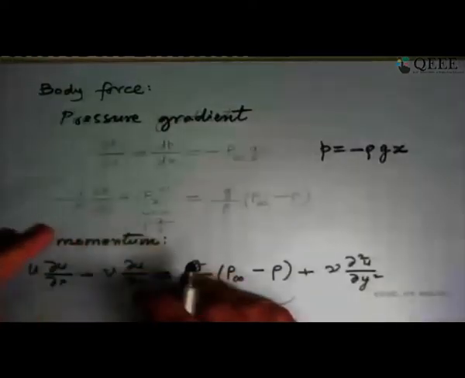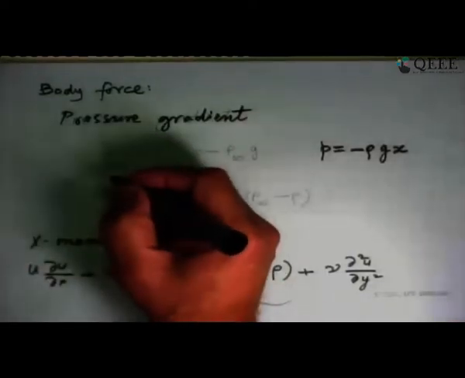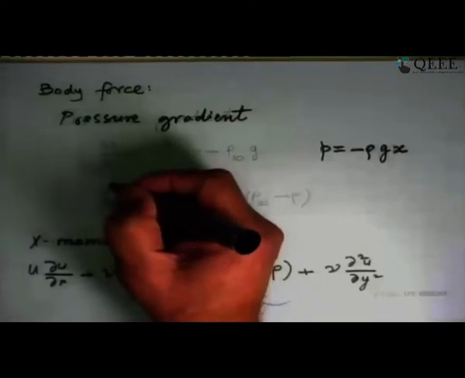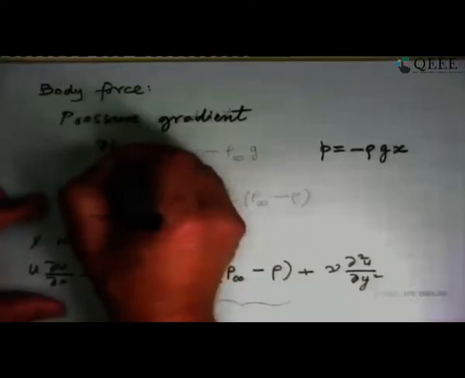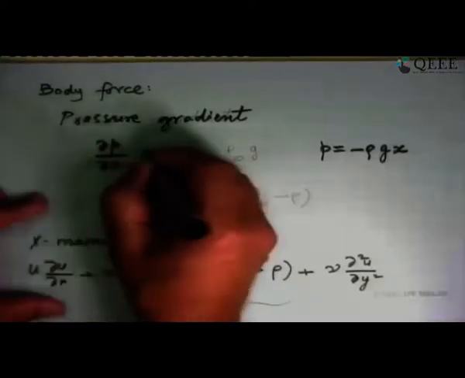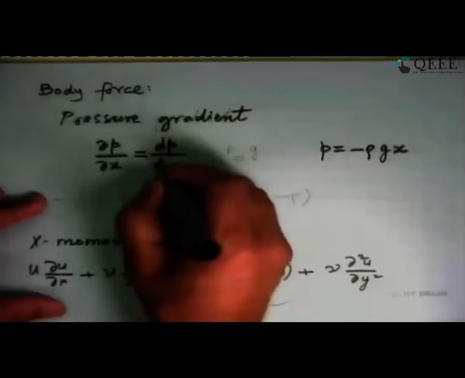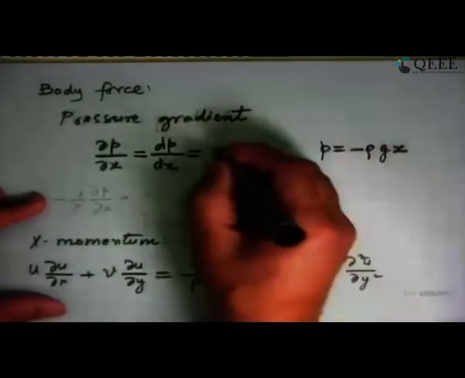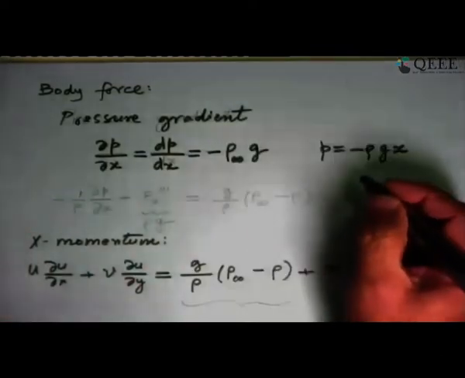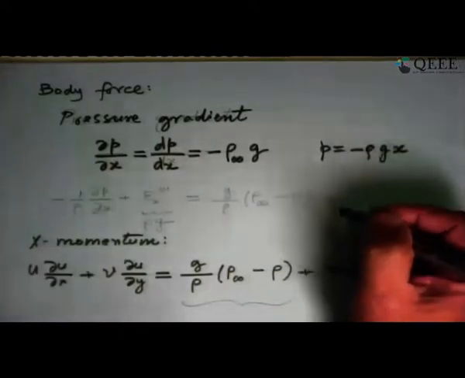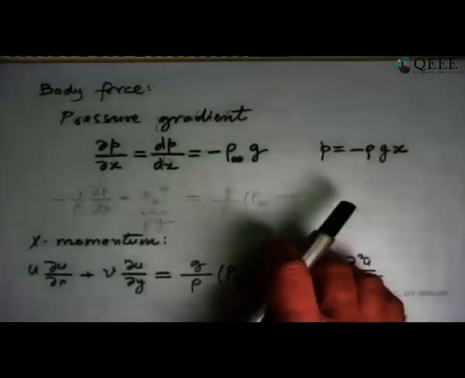If we say that the only dominant pressure gradient in this problem is in the x direction, that dP/dy and dP/dz are very small, then we approximate that the partial derivative of P with x can be written as dP/dx. And this, from this equation, is minus rho infinity times G, where rho infinity is the density far away from the fluid. So that is the imposed pressure gradient on this problem.